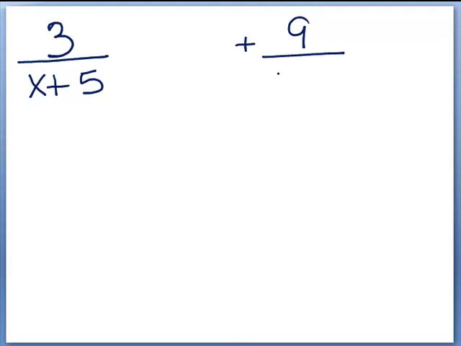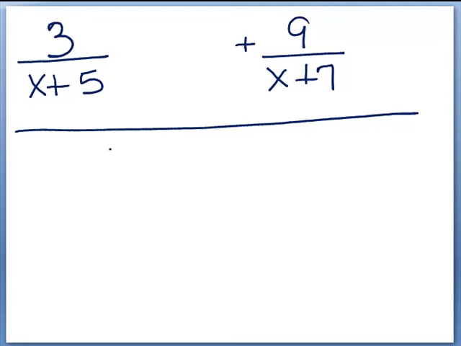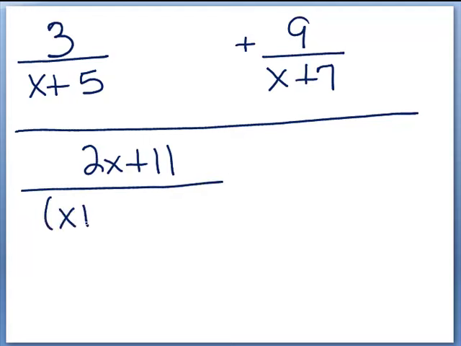So here's the question. We have 3 over x plus 5, leave some space, plus 9 over x plus 7. And that is all over 2x plus 11 over what we factored this denominator to be, x plus 5 times x plus 7.